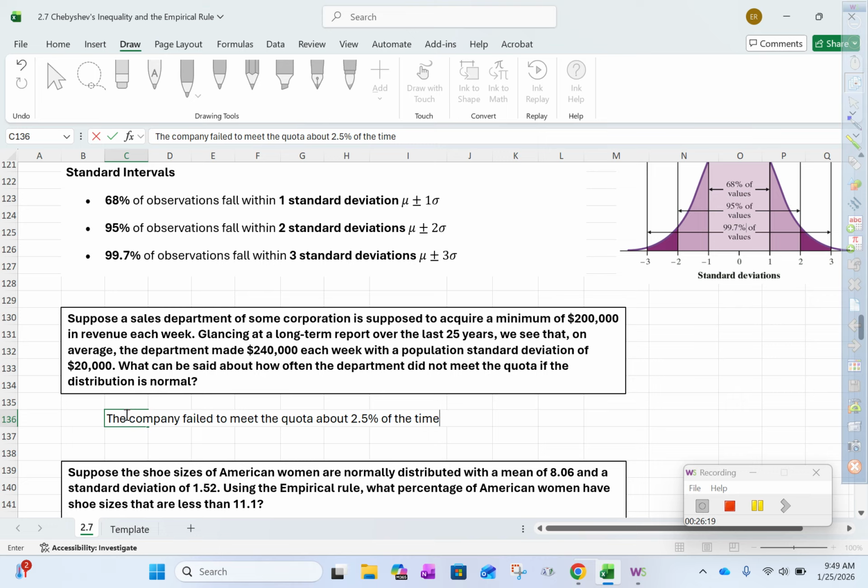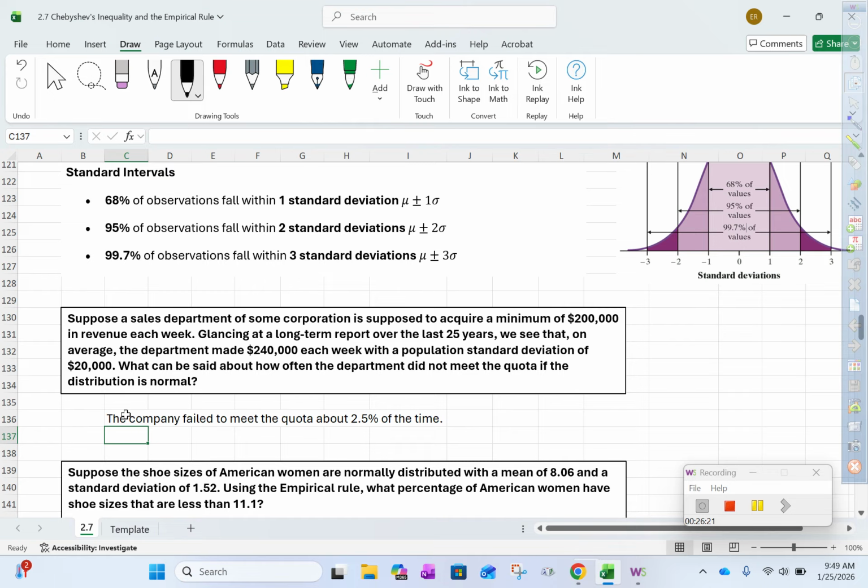I want to emphasize a distinction between Chebyshev's and the empirical rule. Normal distributions tell us what is actually happening, what proportion shows up. It's approximate, but it's pretty accurate, whereas Chebyshev's gives us a minimum proportion. So there was a minimum of 75% where they did meet the quota.